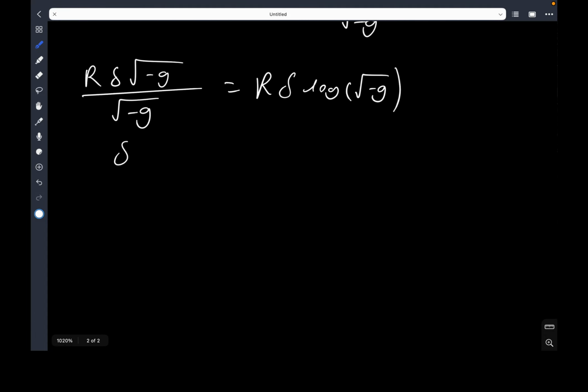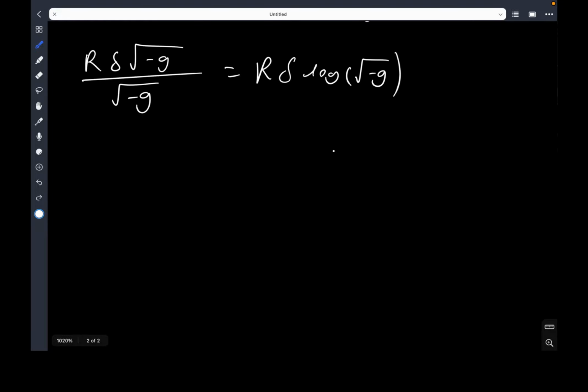So delta log root negative g is going to be 1 over root negative g delta root negative g. So that's where it comes from. So we can move the power down here, which is going to be half R delta log negative g.